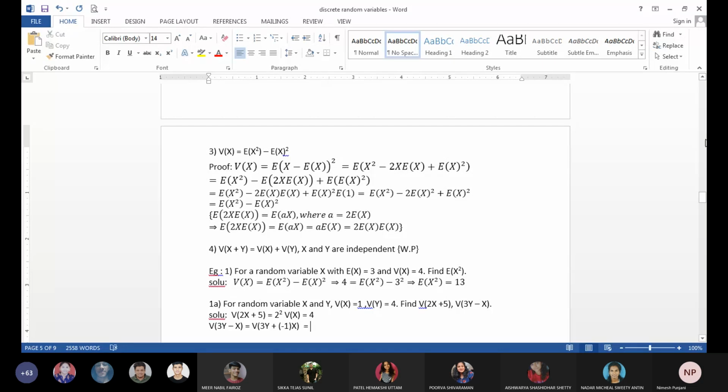Now, if you apply your property number 4, it will be variance of 3y plus variance of minus 1 into x, correct?